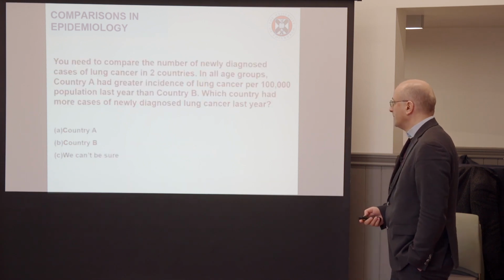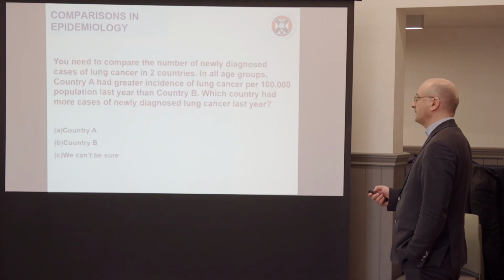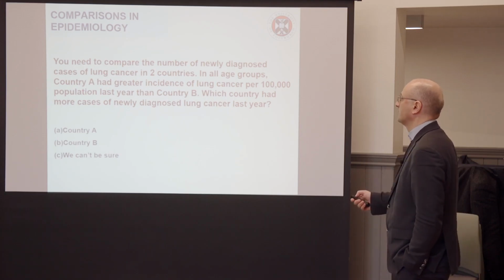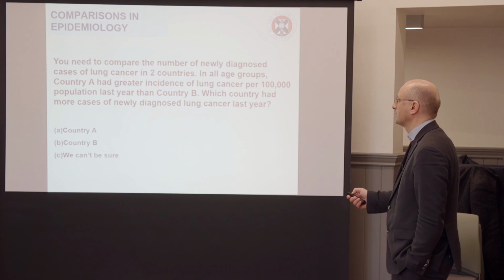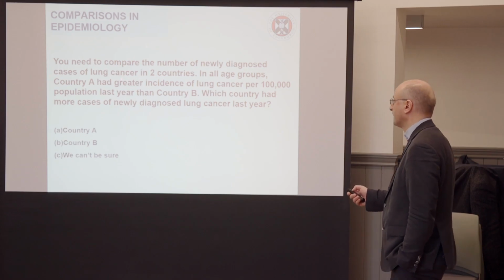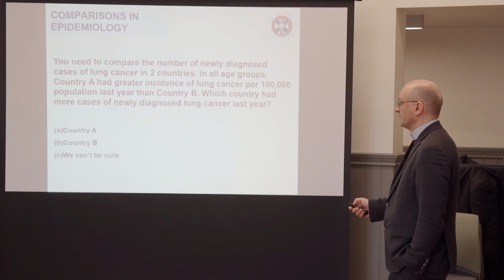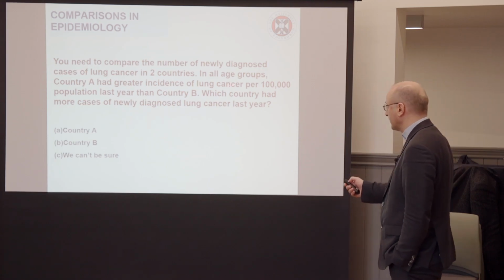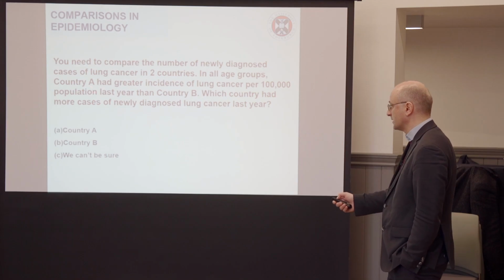Okay? So, let's say that we need to compare the number of newly diagnosed cases of lung cancer in two countries. In all age groups, country A had greater incidence of lung cancer per 100,000 population last year.